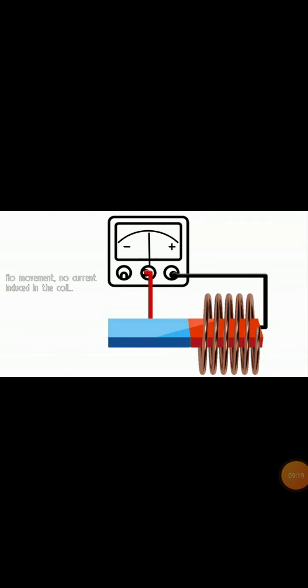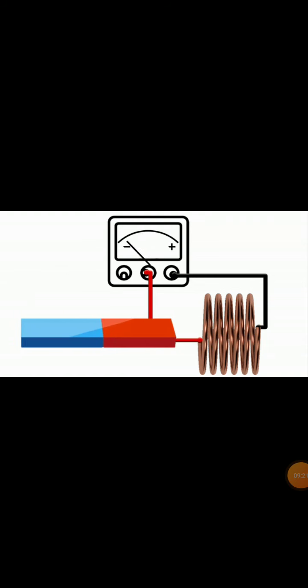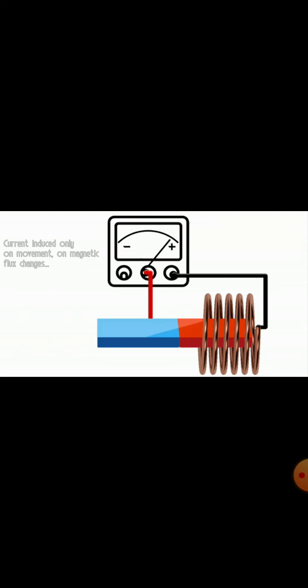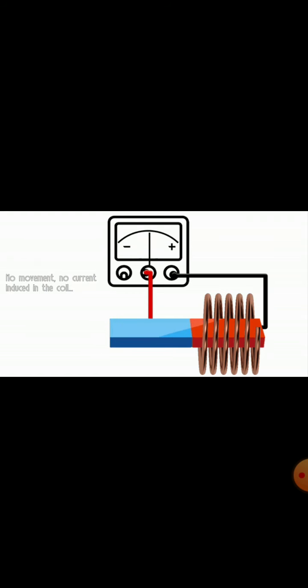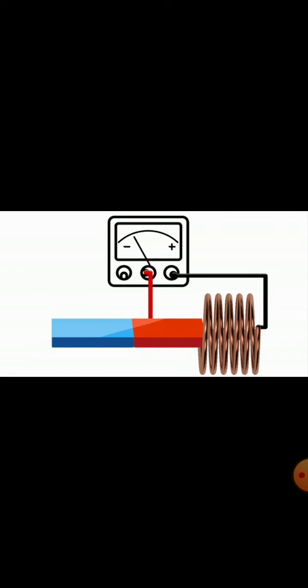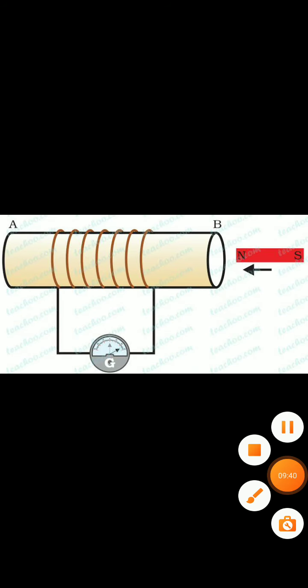So here we kept the coil stationary and the magnet was moving. Now, if we take another situation, if we keep the magnet stationary, steady at one point, then what will happen?